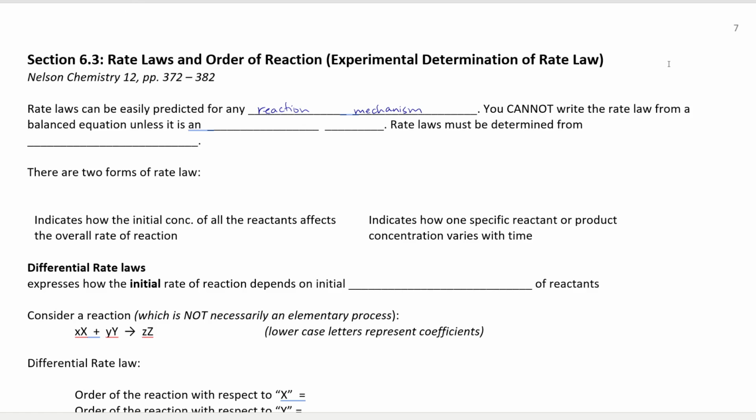and write the rate law for that rate determining step. You cannot, however, write the rate law from a balanced equation unless that balanced equation is an elementary step. Rate laws, as we learned in the previous lesson, must be determined through experiments.